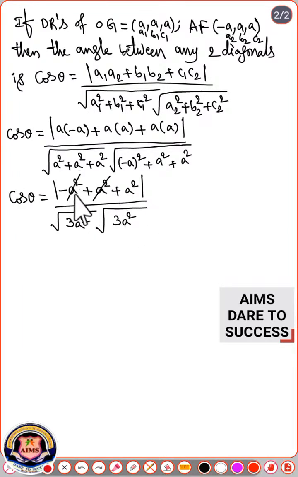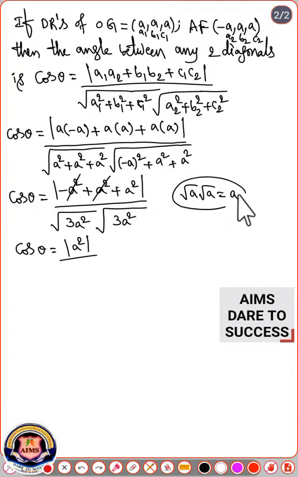Here plus A square minus A square get cancelled. So cos theta is equal to mod A square divided by root into root. Simple formula: root A into root A is A. Like that, root 3A square into root 3A square is only 3A square. Later mod A square is only A square divided by 3A square. A square and A square get cancelled.